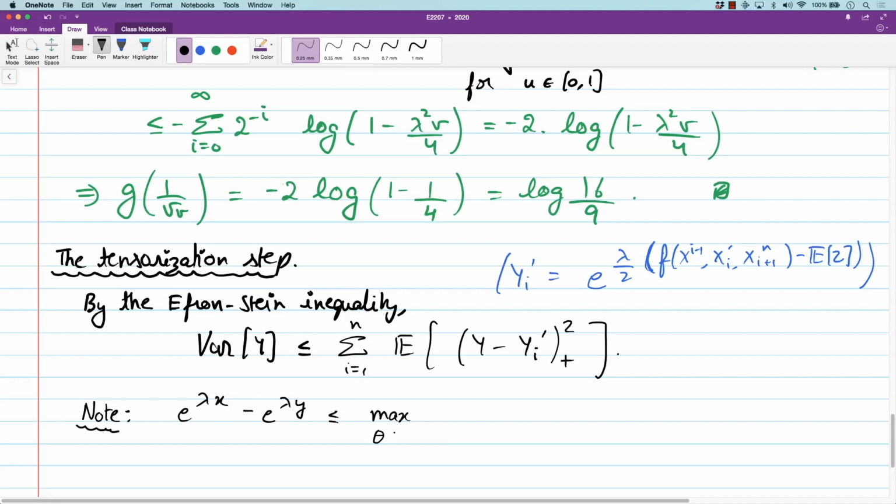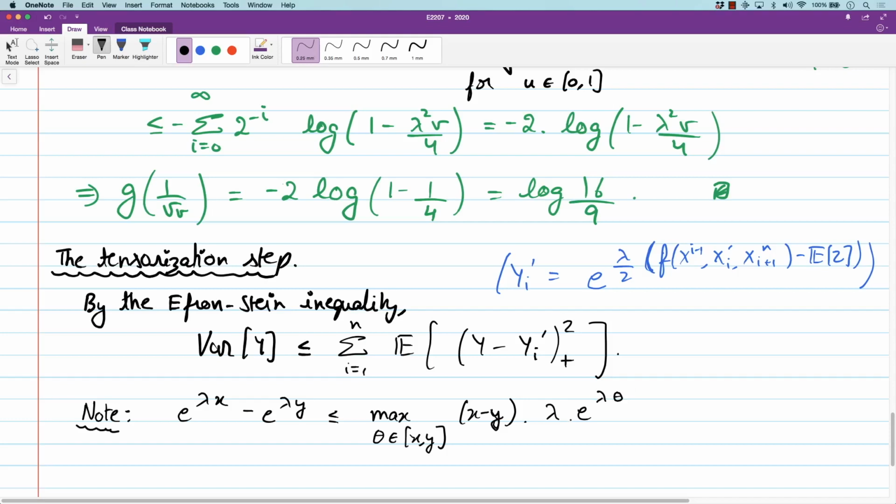Max over theta in, let's say, x comma y. We're just assuming x is smaller than y. So max over theta in x comma y, if x is smaller than y, the derivative of this guy times x minus y. But what is the derivative of this guy? The derivative of this guy is lambda e to the power lambda theta.